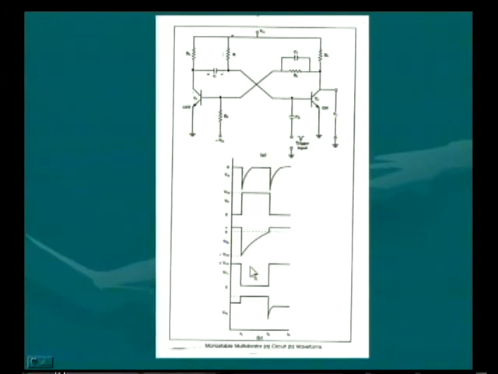So we can conclude the monostable multivibrator has one stable state, and it can be delayed in its quasi-stable state for a fixed interval of time before changing back to the stable state. Hence it is called a delay circuit.